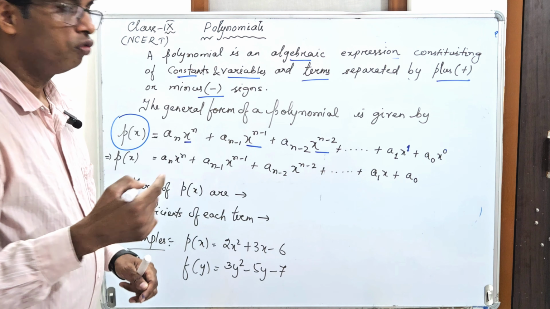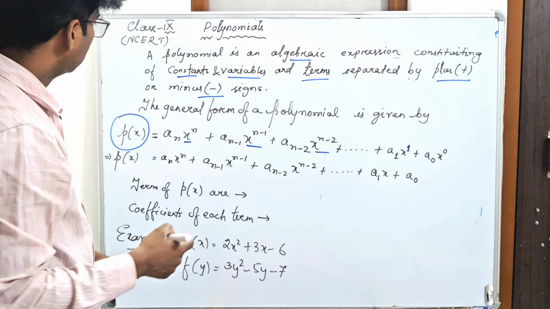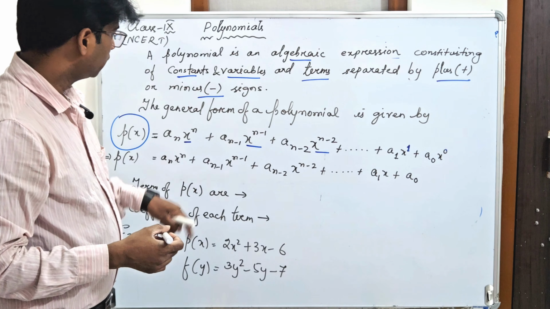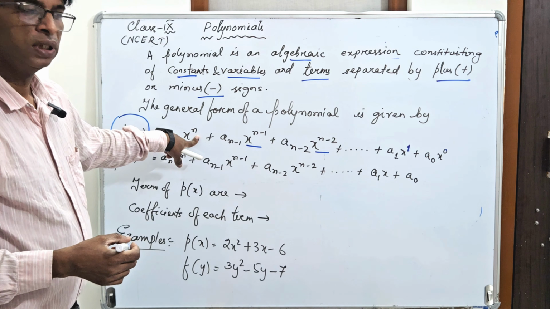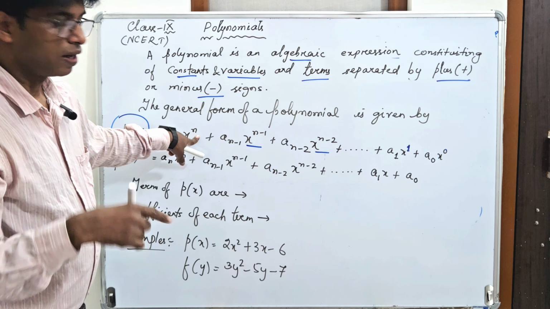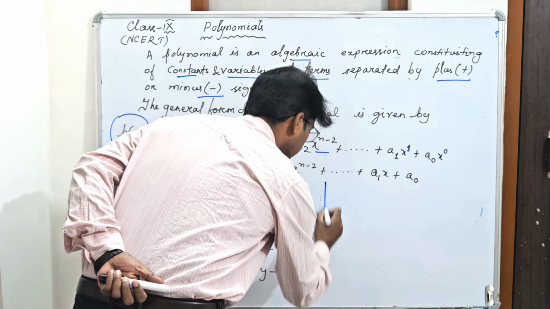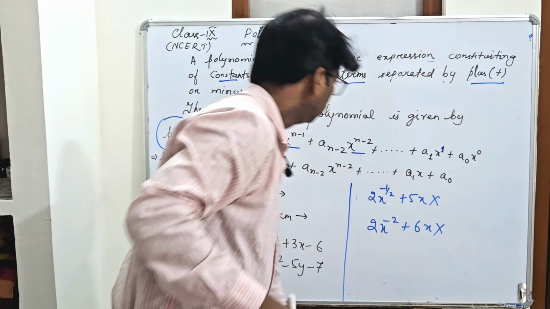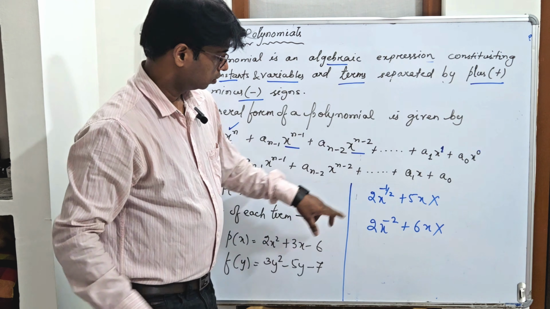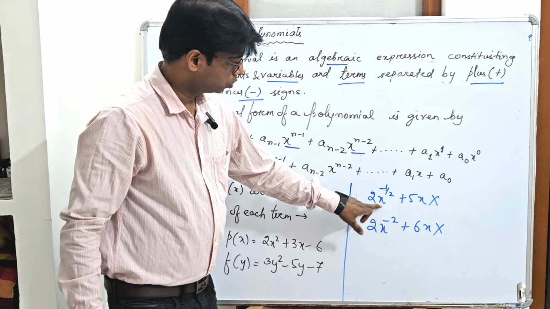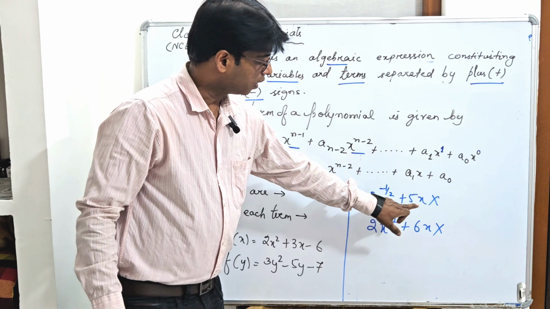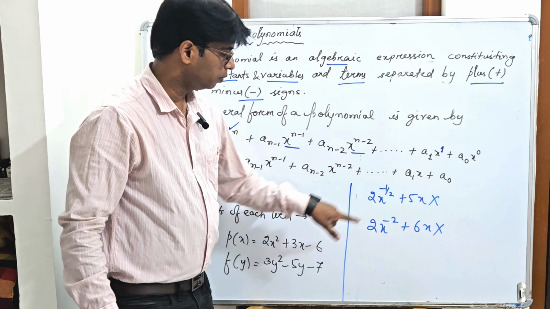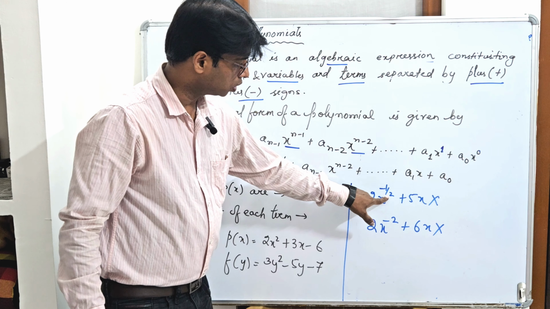Okay. So I cannot go for minus 1 also, because polynomials are always represented with positive powers. It cannot be written in the fractional form also. Suppose I write 2x to the power minus 1 by 2 plus 5x, that is not a polynomial. Why? Because you see the power of the variable is taken to be what?